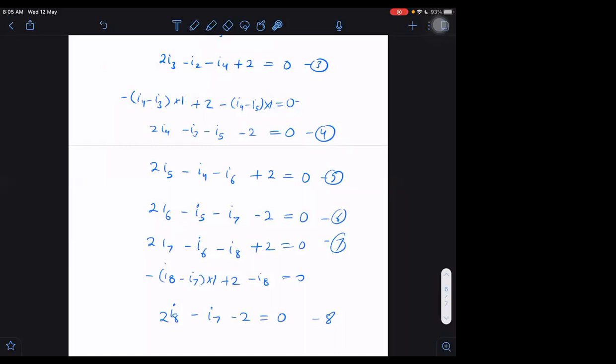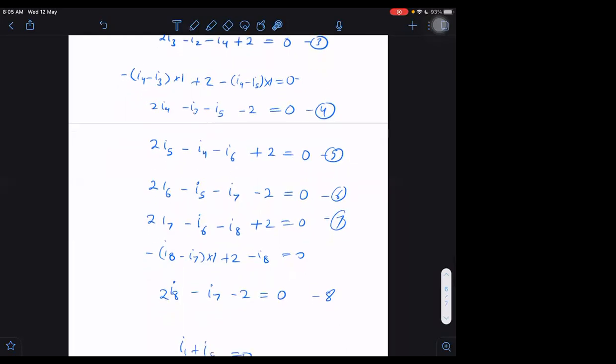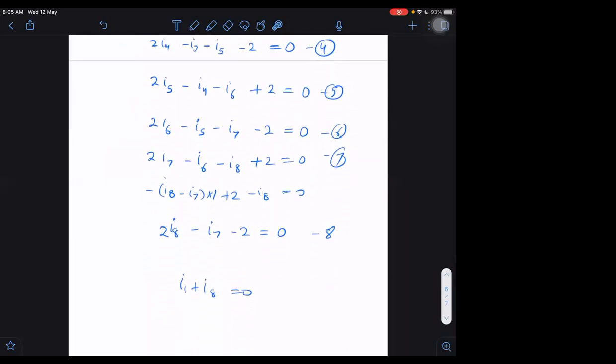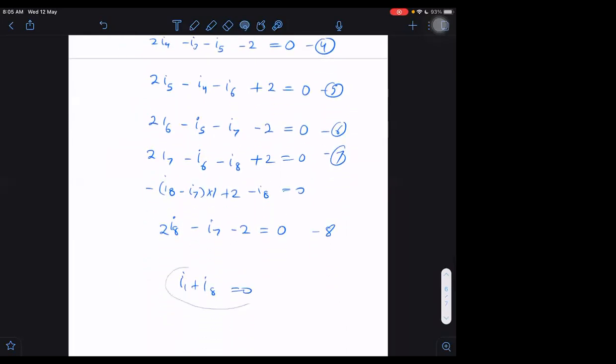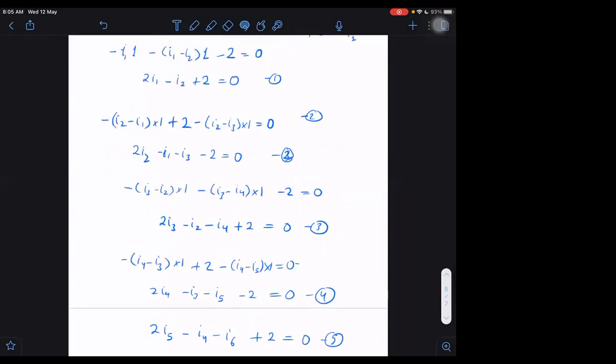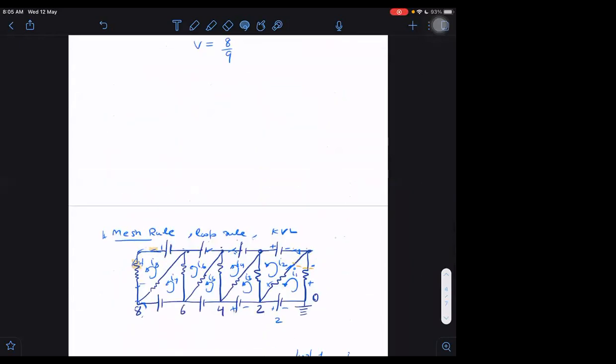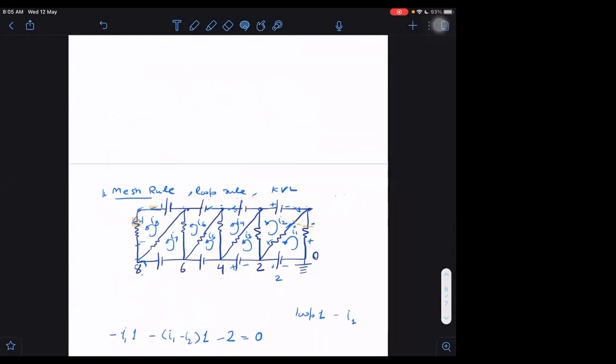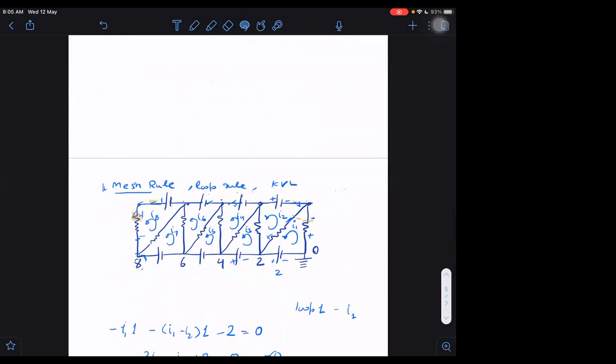So these are 8 equations in 8 variables, and there will definitely be a unique solution. There is no doubt about it. It may take somewhat more time to get the answer. That's why sometimes the smart method is very important. Last time we used a smart method and got the answer so fast, right? But now it is really not that easy for us.